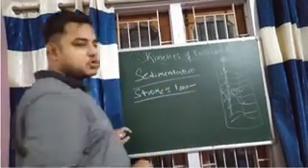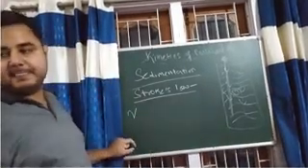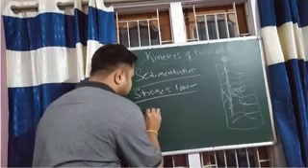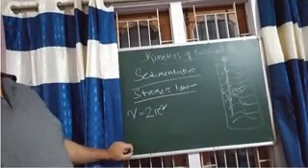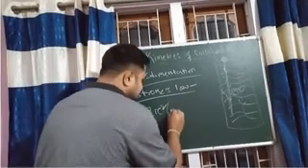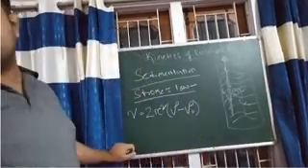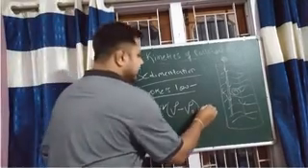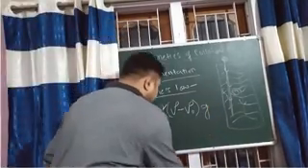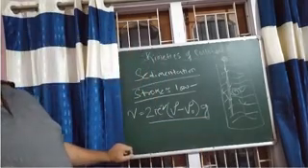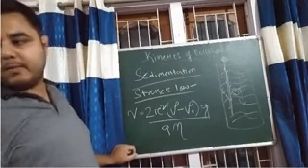As per the Stokes law, the rate of sedimentation V is equal to 2r square, rho minus rho naught into G, the specific gravity, the whole divided by 9 eta.